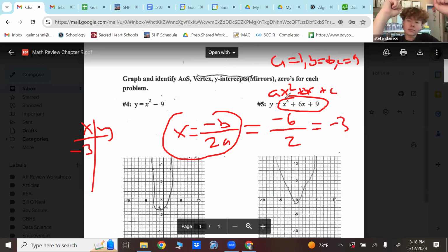You might need a calculator for this one, or work on paper. I'll just write it down on paper.